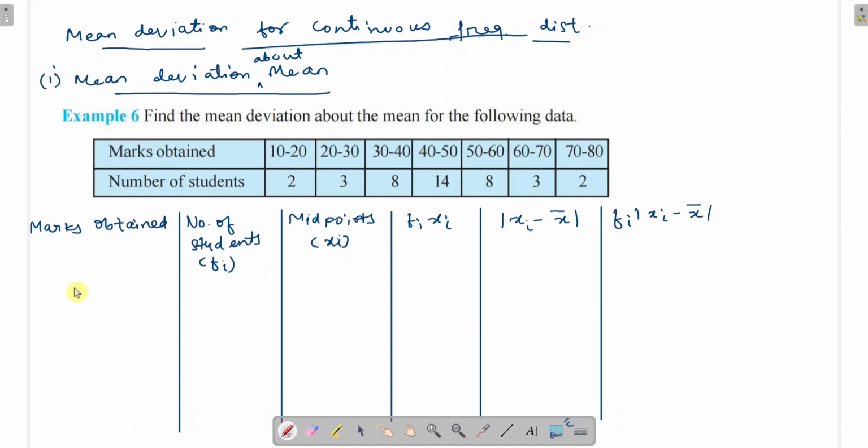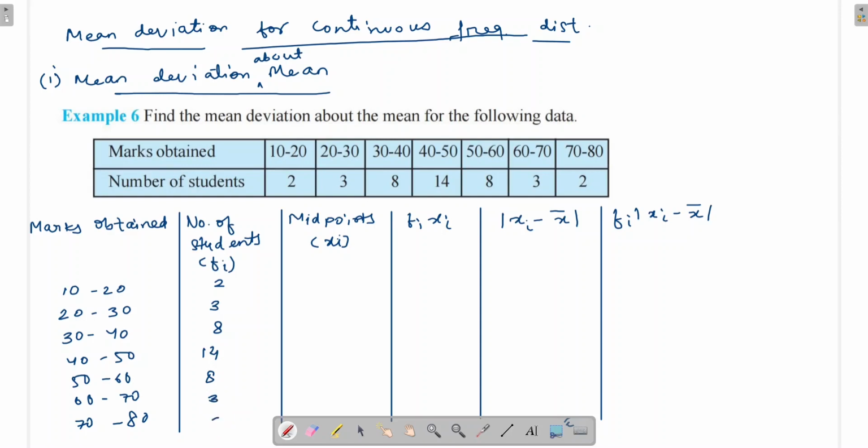Now the marks obtained are from 10 to 20, then 20 to 30, 30 to 40, 40 to 50, 50 to 60, 60 to 70, 70 to 80, and the corresponding frequencies are 2, 3, 8, 14, 8, 3, 2.